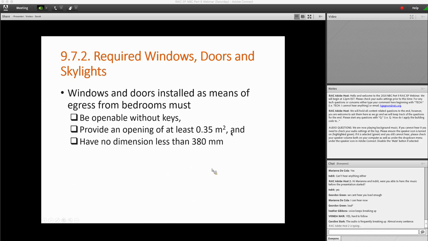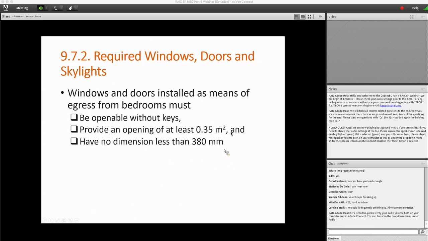Required windows and doors for a means of egress from a bedroom have specific requirements. They must be openable without a key, provide an opening of at least 0.35 square meters, and have no dimension less than 380 millimeters.